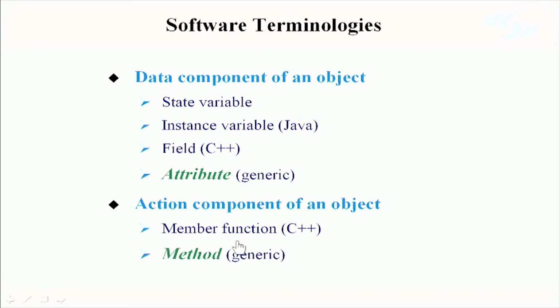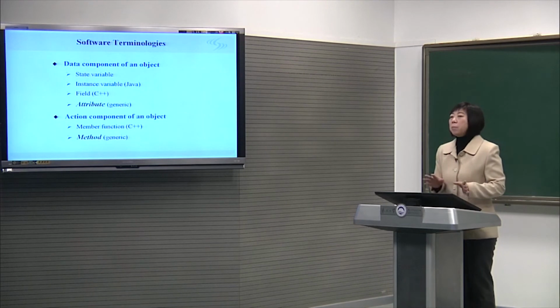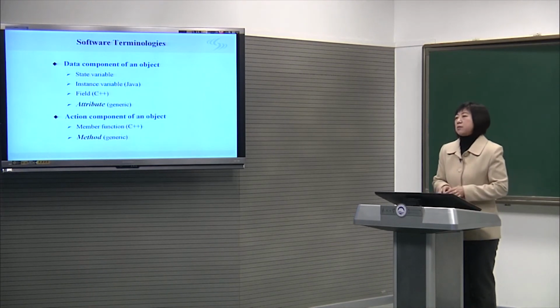Actually, function is not a good word for the object-oriented paradigm because function is a very typical word for the structured paradigm. There's another good word for the action component. It's called method. So next time when we talk about the action component of an object, we should say method.